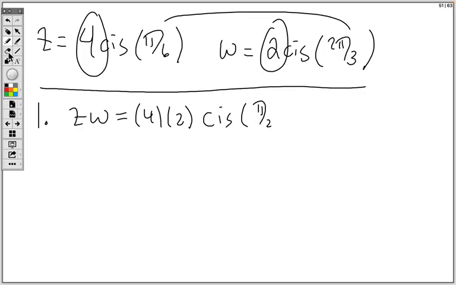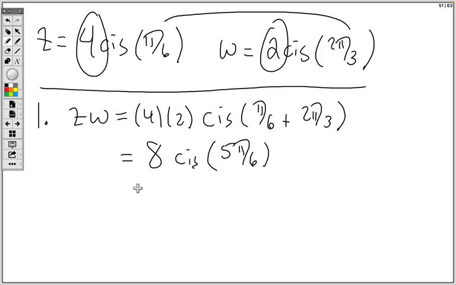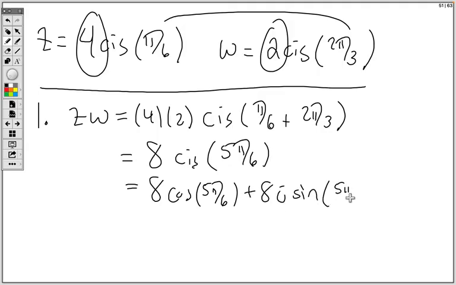Pi over 6 plus 2 pi over 3. So I'm going to get 8 cis, and let's see, we'd have pi over 6 plus 4 pi over 6. That gives me 5 pi over 6. 8 cosine 5 pi over 6 plus 8i sine 5 pi over 6.